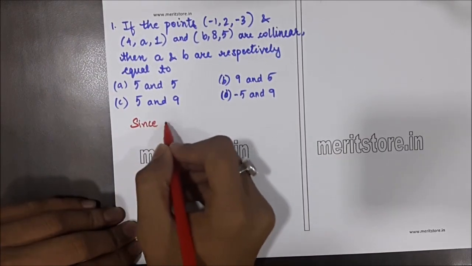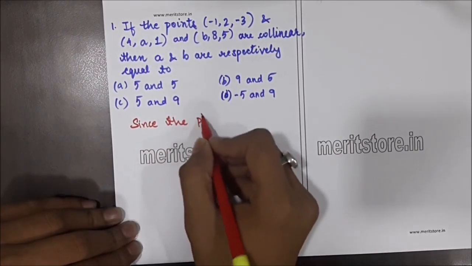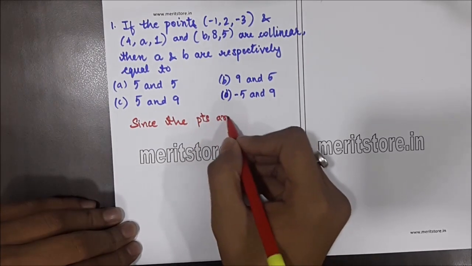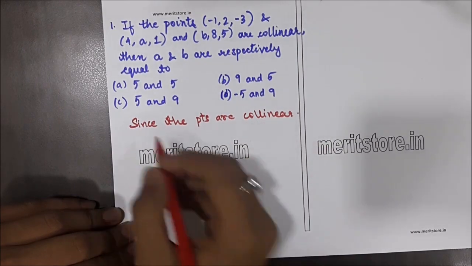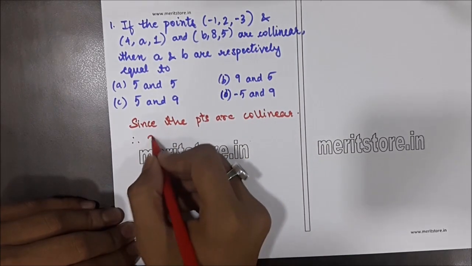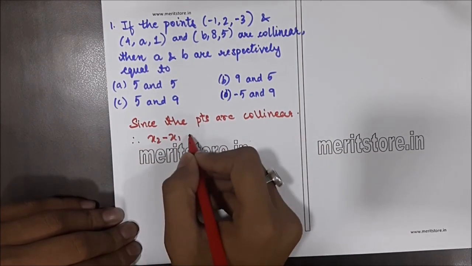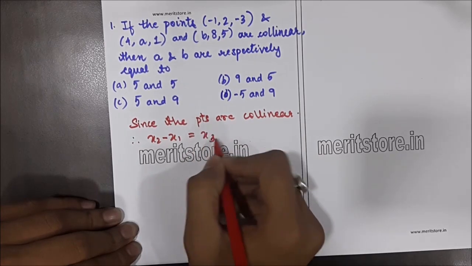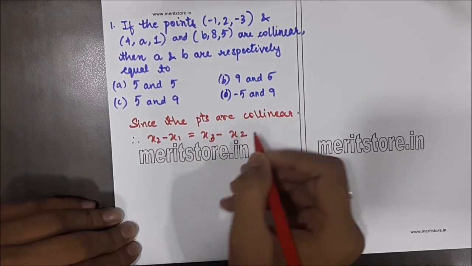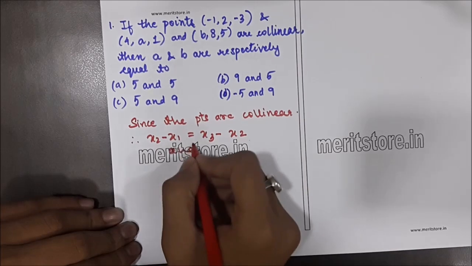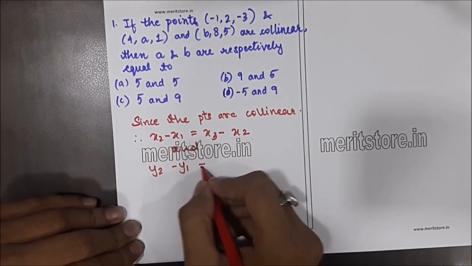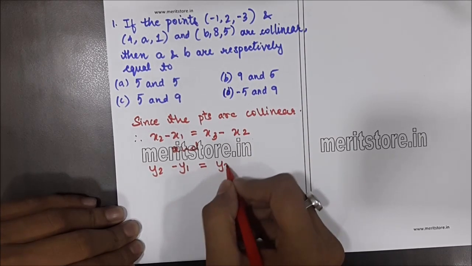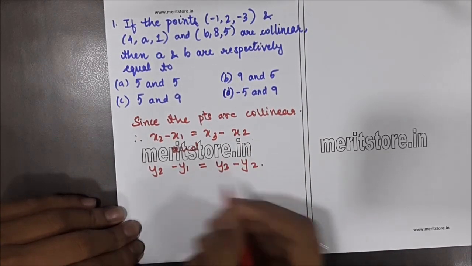Since the points are collinear, therefore we get x2 minus x1 is equal to x3 minus x2 and y2 minus y1 is equal to y3 minus y2.